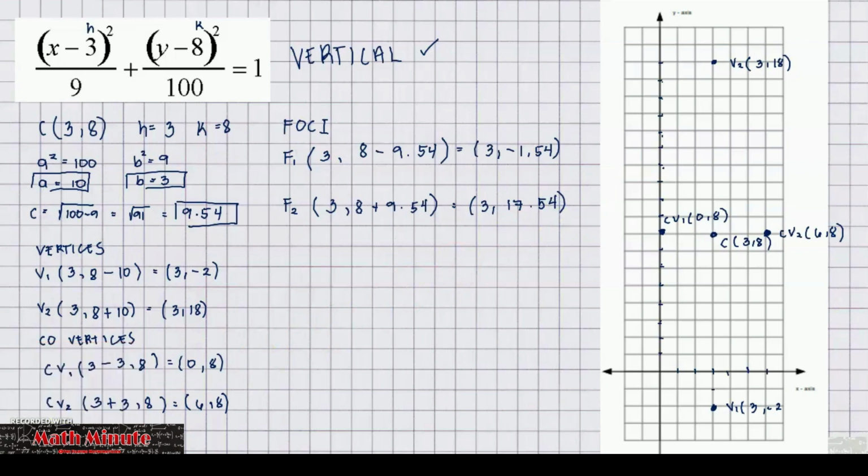So to locate your foci, negative 1.54 will be on this part, f sub 1. Then f sub 2 will be on this part. Then we identify your major axis.